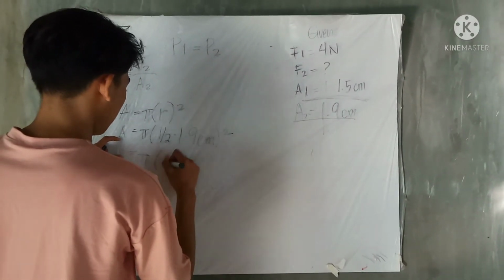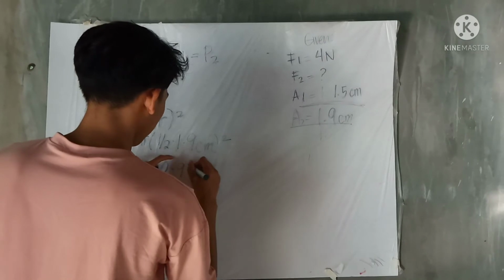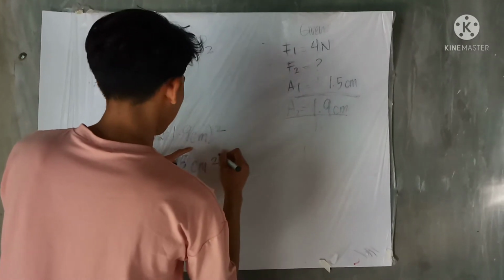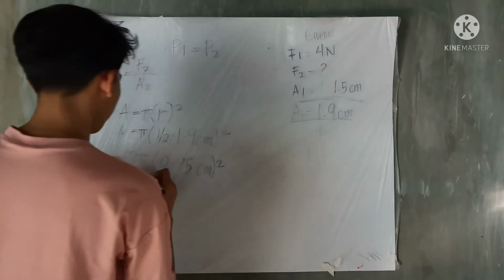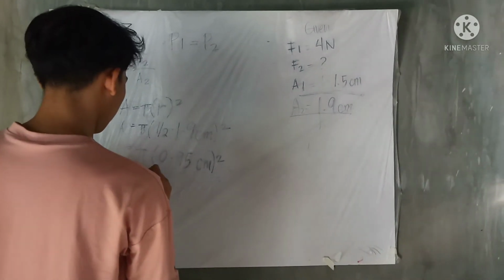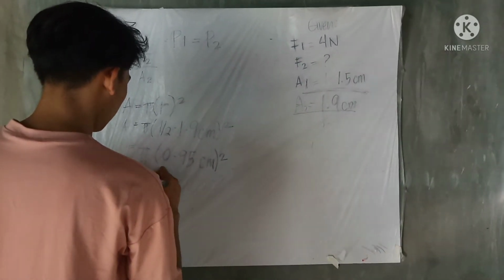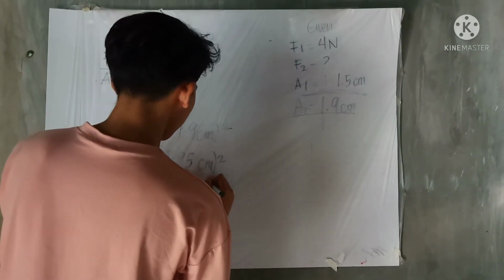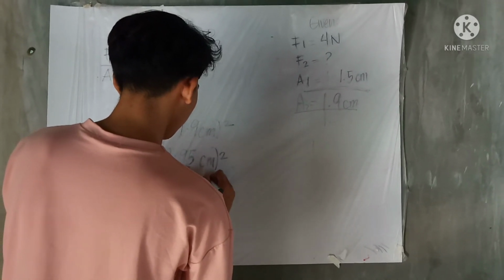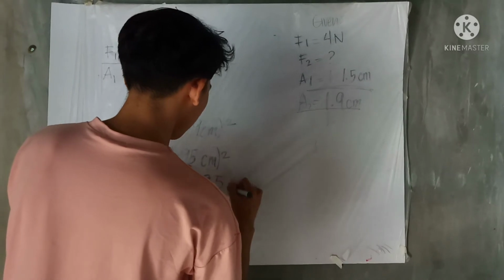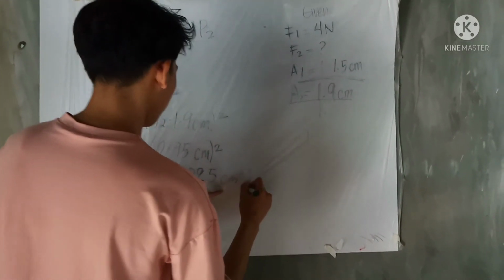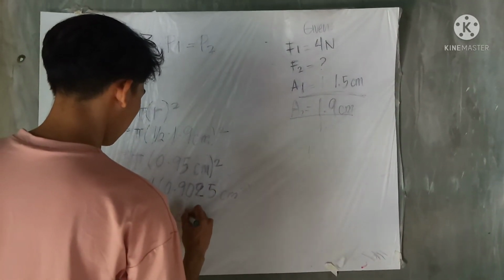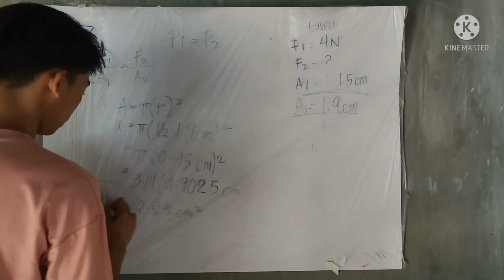Pi times 0.95 cm raised to 2 is equals to 3.14 times 0.9025 squared centimeter, and the resulting value for area 2 is 2.83 squared centimeter.